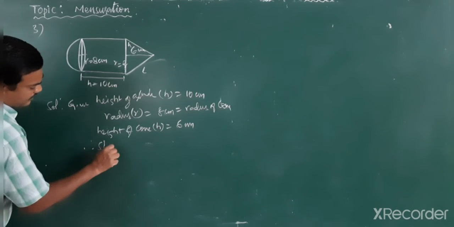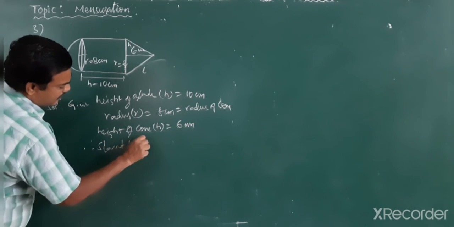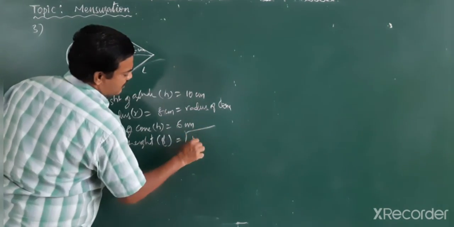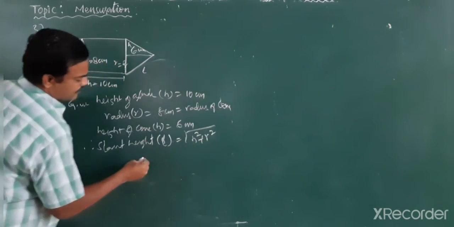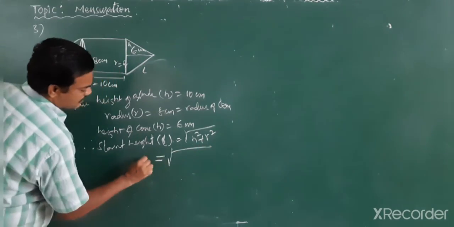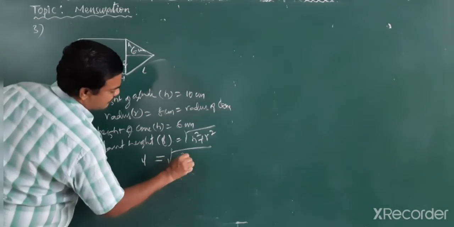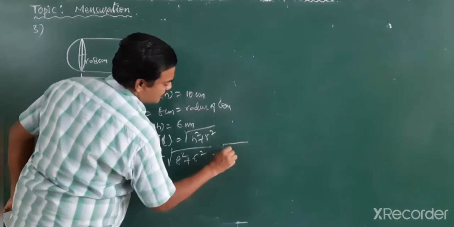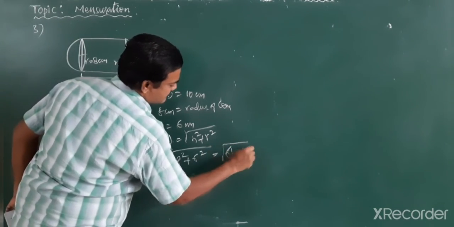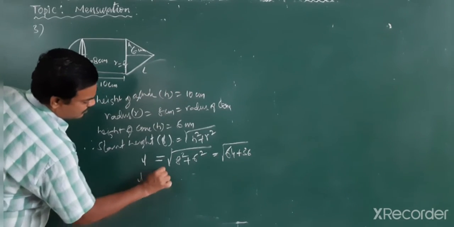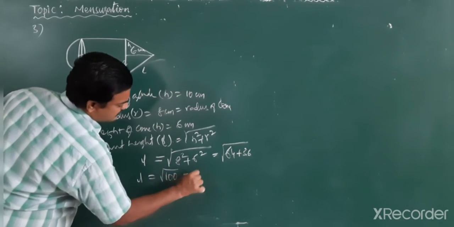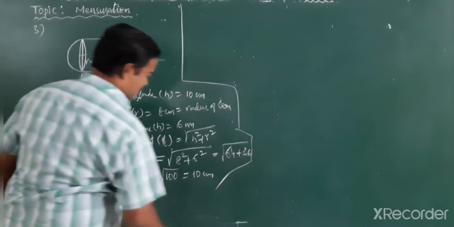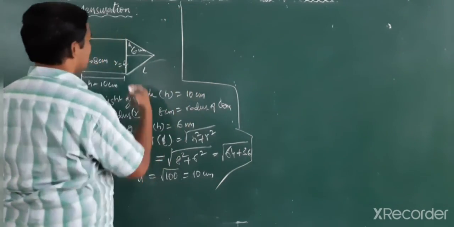Therefore slant height L is equal to root of x square plus r square, that is root of 8 square plus 6 square, which is root 64 plus 36. Therefore L is equal to root 100, that is 10 centimeters. So we have L, the slant height of the cone.